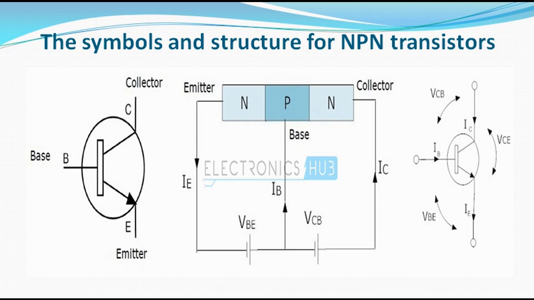The base is the P-type material in between the N materials. The emitter and collector are on either side of the base.